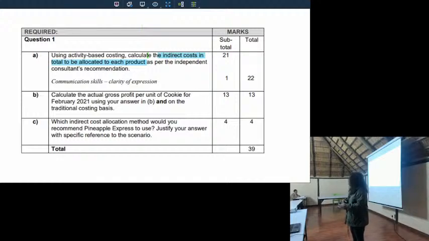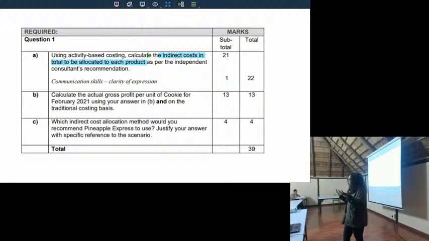Do you see how you're supposed to be applying to your scenario? Because I asked you specifically to apply to the scenario. So with discussion questions, I want you guys to always relate it back to the scenario. I want you to always see that you are able to apply your theory, but from the scenario, I need to see that you're able to apply it. So for instance, I asked you which method you would recommend.